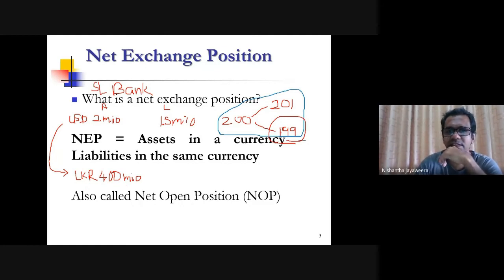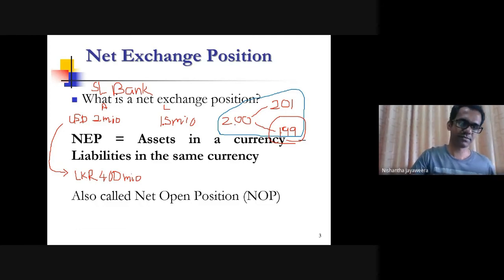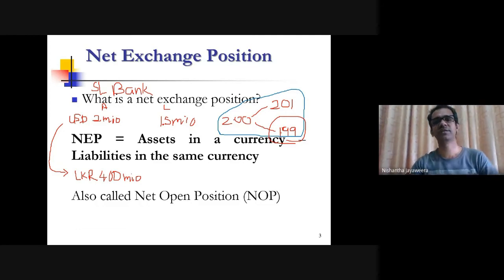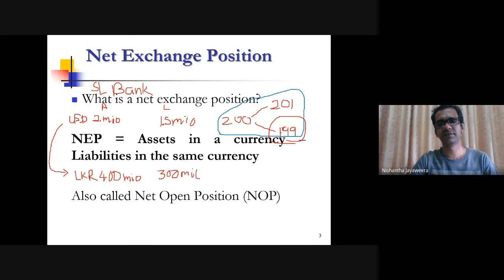If we convert the liabilities, 1.5 million into 200, we get rupees 300 million. As a Sri Lankan bank, the balance sheet should be in Sri Lankan rupees.